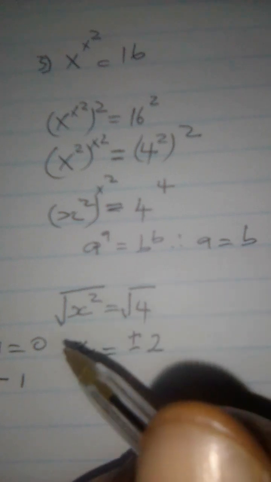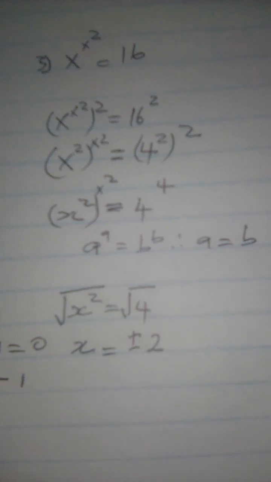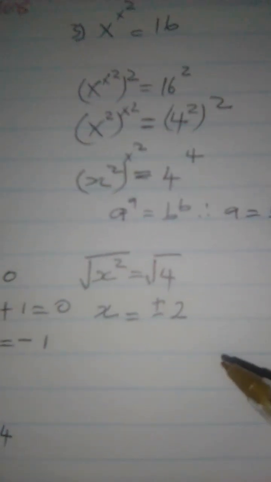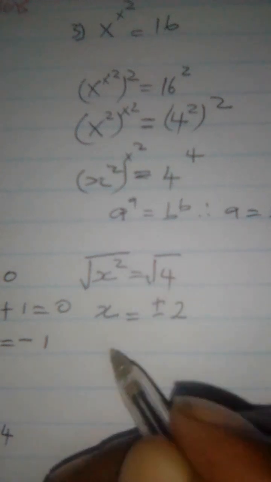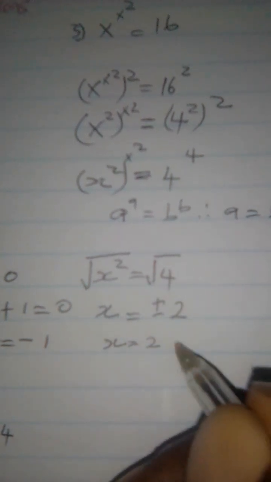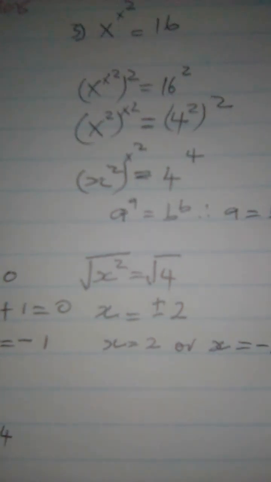So our answer is going to be x equal to plus or minus 2. You can leave it as it is or write it separately. x equal to 2 or x equal to negative 2. Whichever way, it is acceptable.